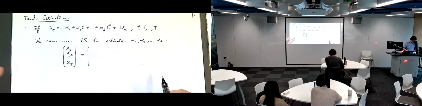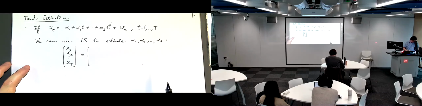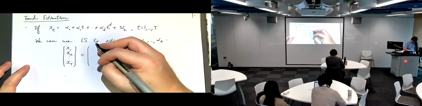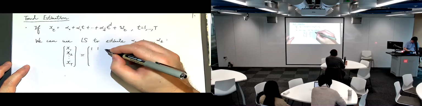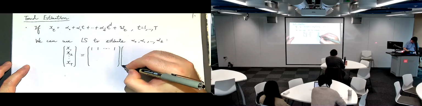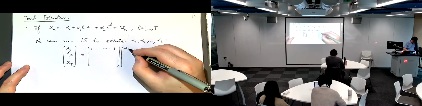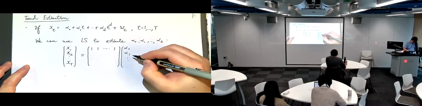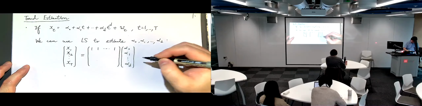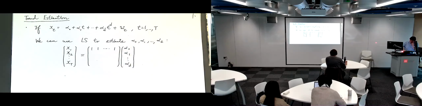So x1, if you put t equals 1, what happens? It's the sum of the alphas, right? So it's basically something like this: alpha naught, alpha 1, all the way up to alpha d. So a d degree polynomial has d plus 1 parameters.